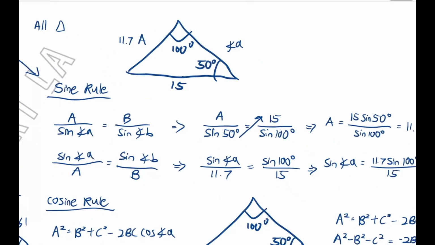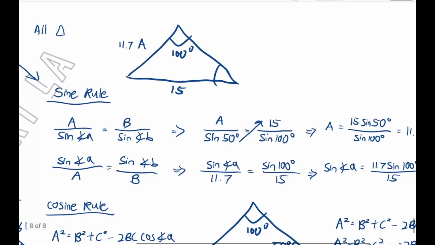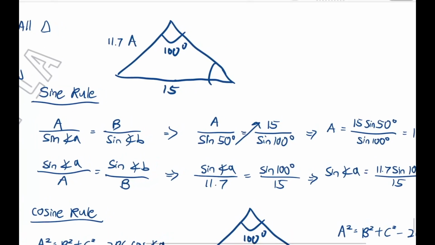To use the sine rule to find angle, I will use back this triangle, but just imagine that I don't know this angle right now. Because this is the angle that I want to find, I'll call this angle A, so that it's at the top left corner again.